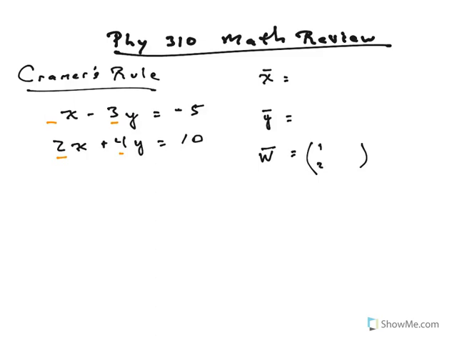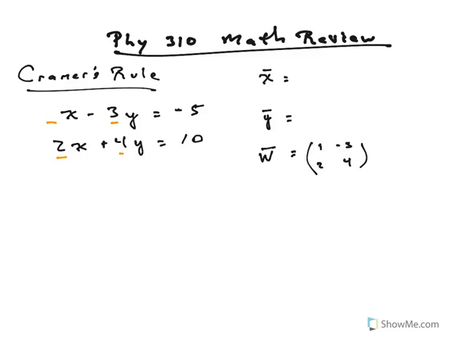Okay. And in the second column are the elements that go with the y variable. And in this case, I have minus 3 and 4. And that's always how you set up your W matrix. You look at your equations, take all the coefficients in front of all the variables, and you set up a matrix using those elements.